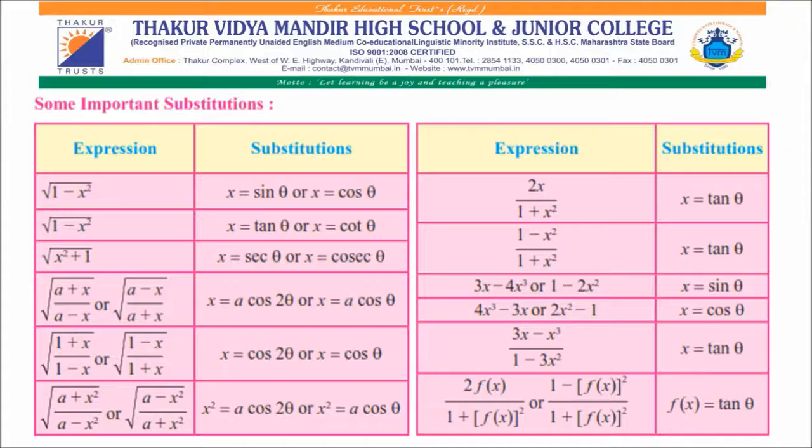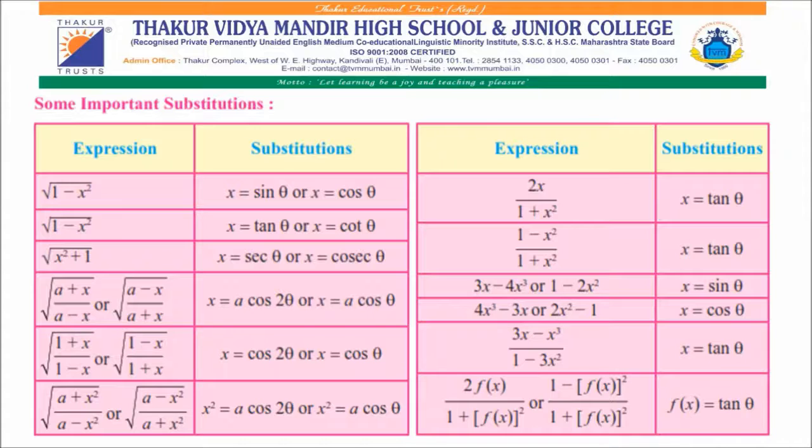Then for the expression under root a square plus x square upon a square minus x square, you can take x square equals a square cos 2 theta.